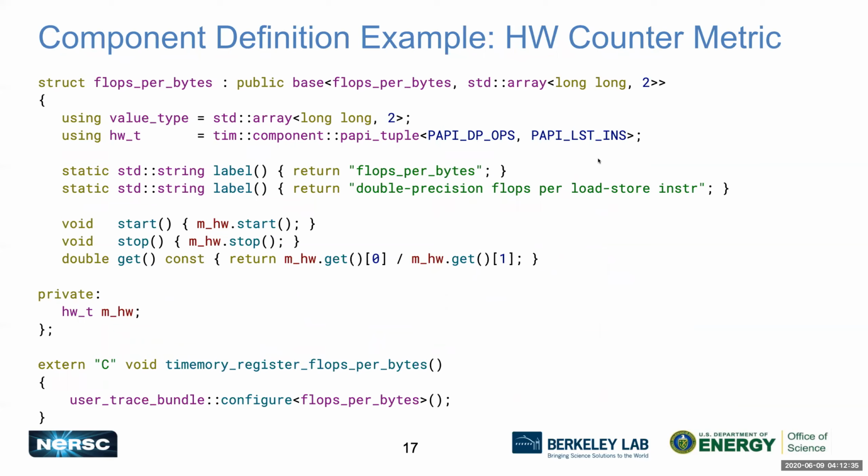Here's another example of a component definition for hardware counters, where we reuse another component. One of the callback components Timemory provides is PAPI support, and there's a fixed PAPI type called a papi tuple. There are also dynamically allocated ones, but with the fixed one you can specify, for optimal performance, which hardware counters you want and fix that size at compile time.